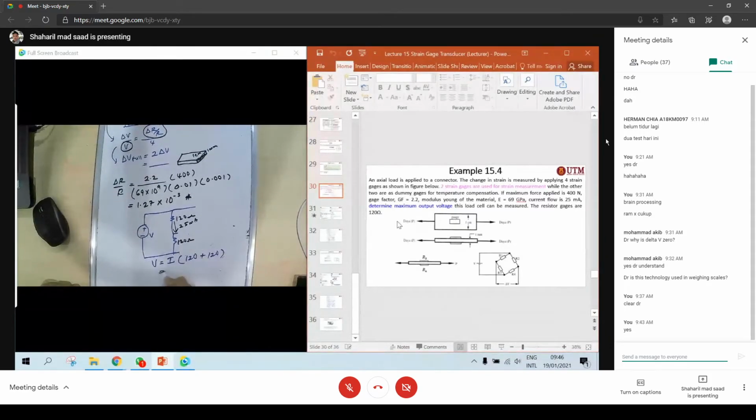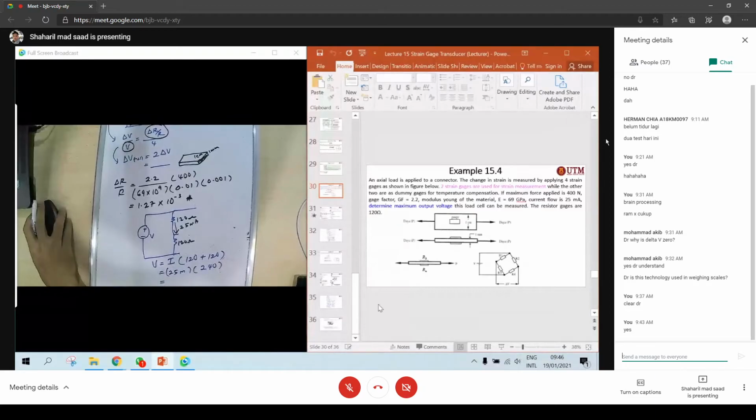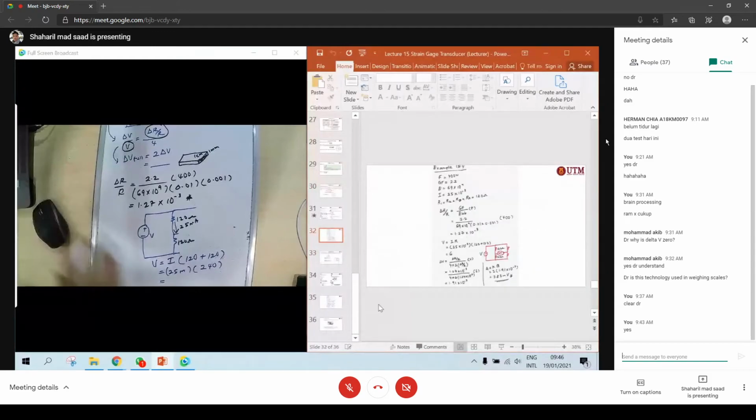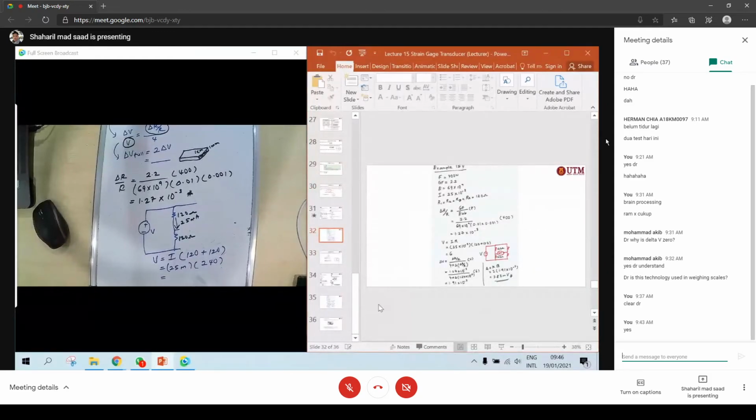So V is 25 milliamp times 240 ohm. Then you will get the answer for V. Right, so the answer is 6 volt. This one is for the V.